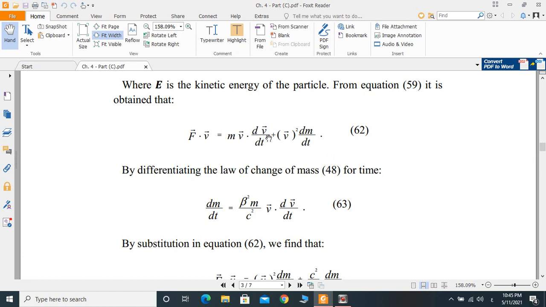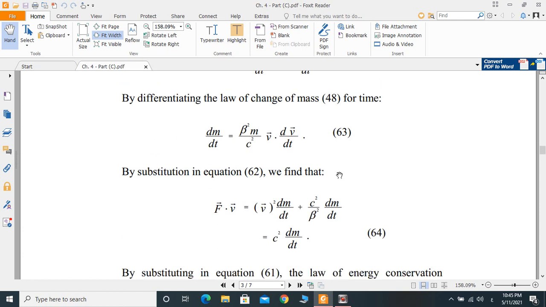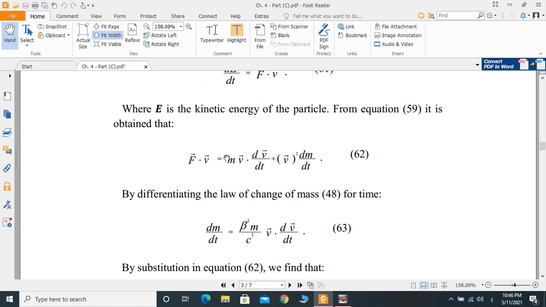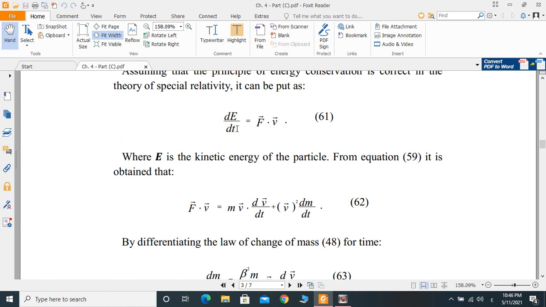Substituting here v dot dv by dt from here, then substituting from 63 into 62, we get F dot V equals c square dm by dt, and F dot V equals dE by dt.